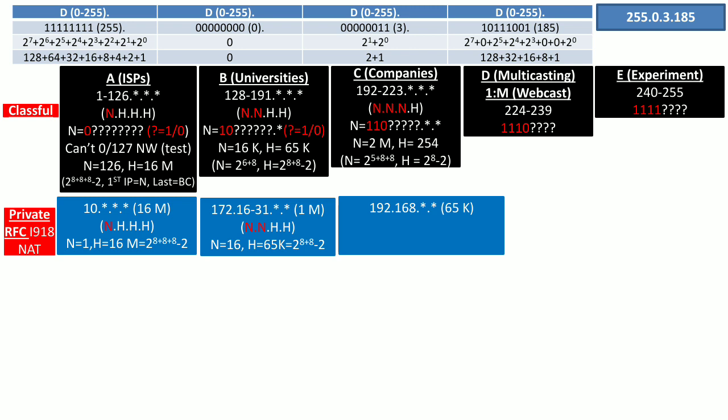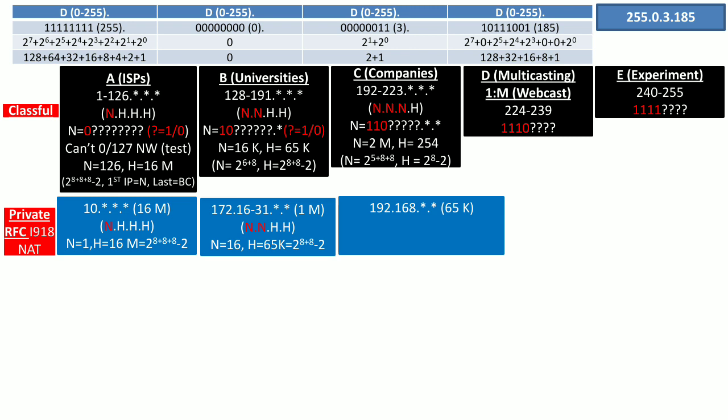Then there is a class C IP address, which is also a private IP address, that is 192.168. This is not the case like the earlier class B IP address of 172.16 to 31, where we have 16 networks.